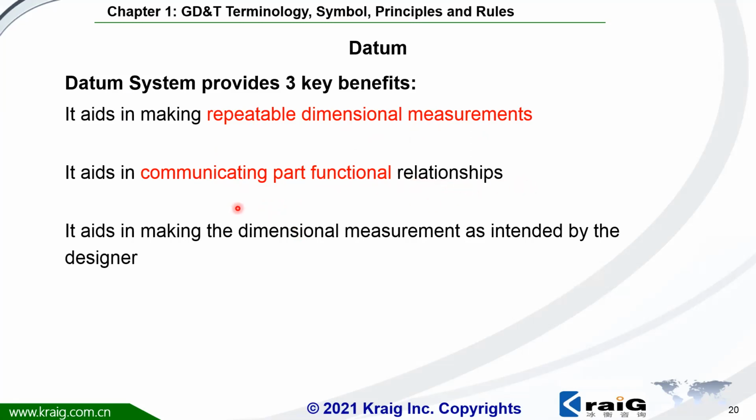Third, you're going to make dimensional measurement as intended by the designer. Once the designer makes the specifications of geometric tolerance, there is some functional intention with the proper datum system. The inspector is going to measure parts based on the expectation or intention of the designer.